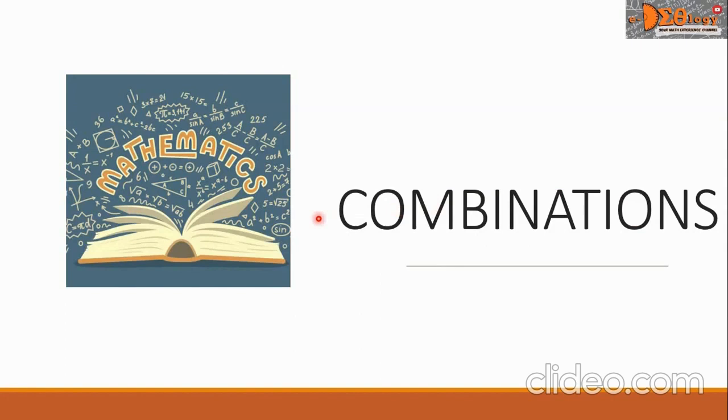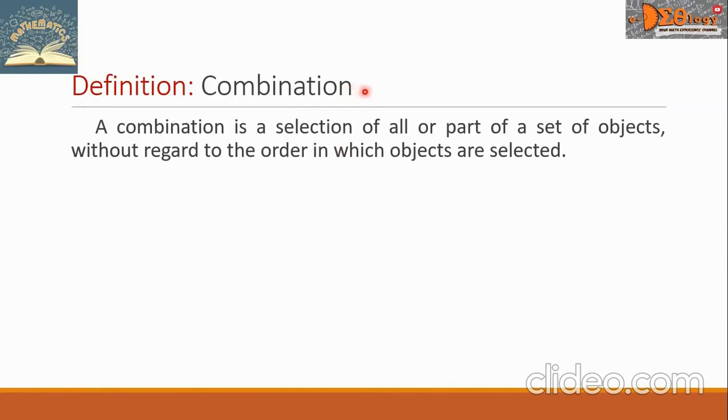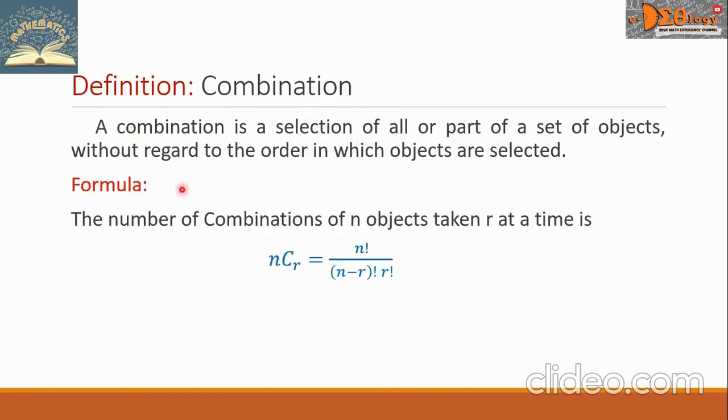Today we're going to study combinations. Let us define combination. A combination is a selection of all or part of a set of objects without regard to the order in which objects are selected. This is our formula. The number of combinations of n objects taken r at a time is this.